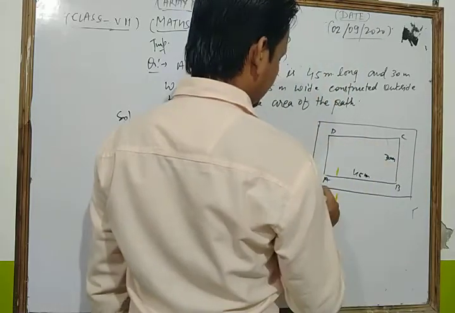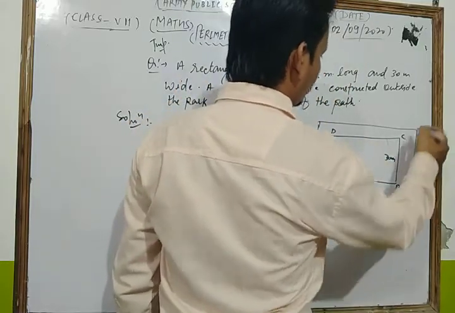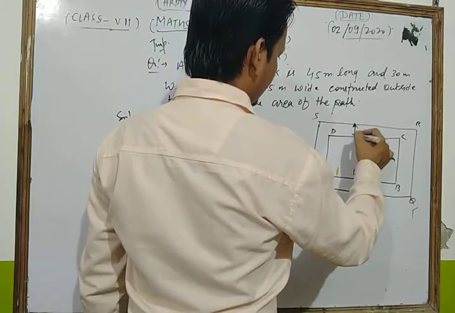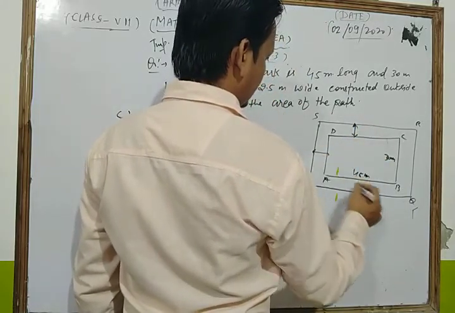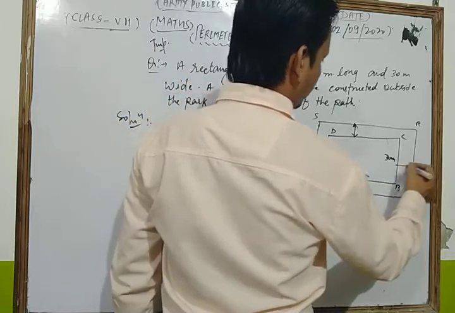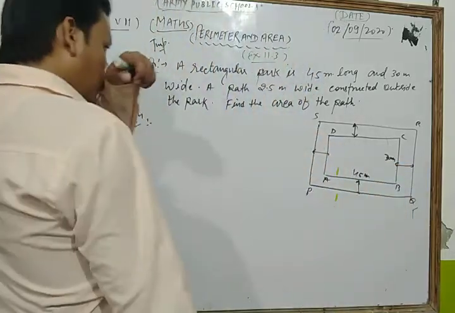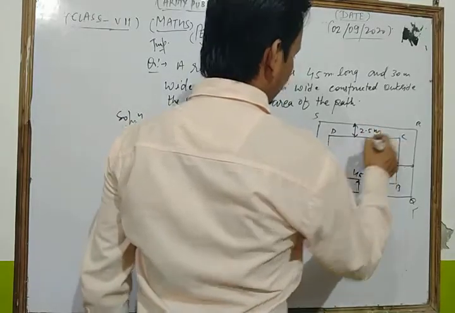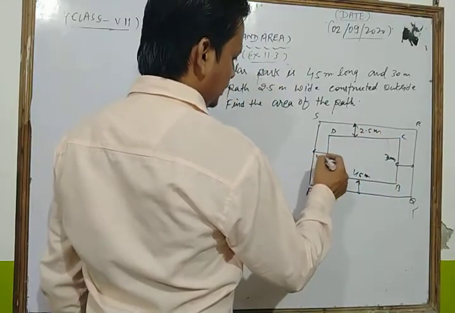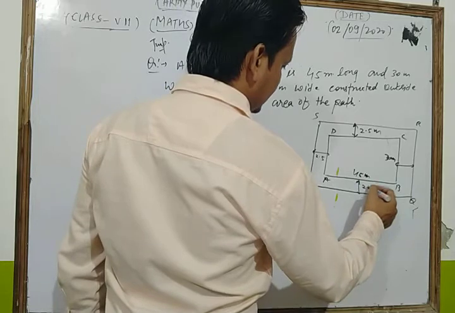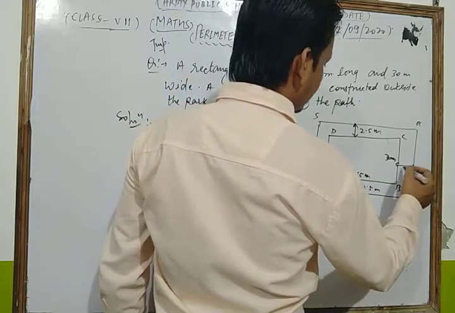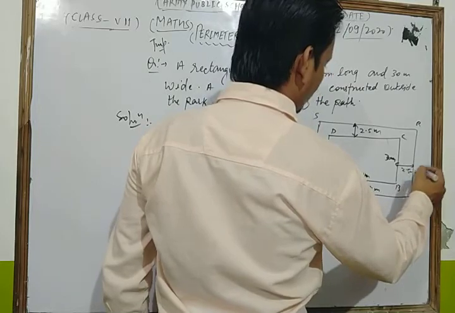This is your path, suppose this is PQRS, and the width of the path is 2.5 meter on each side.